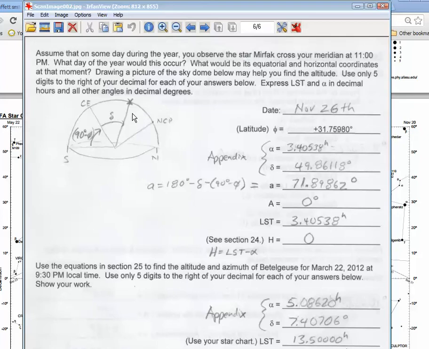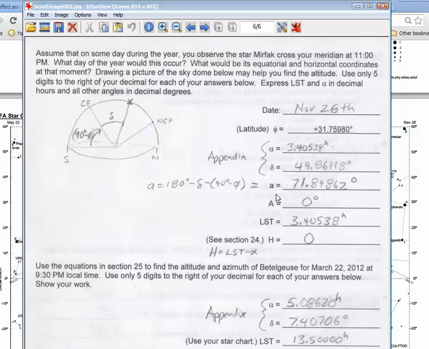So if you look at the sky dome picture here, this is the angle of the celestial equator above the south horizon, which is 90 degrees minus your latitude, roughly 58 degrees. The declination of the star from the textbook here is 49, so we add 49 onto this. That means it's going to go past the zenith. That means this is the altitude that we really need right here, which is 180 minus that amount and minus that amount right there.